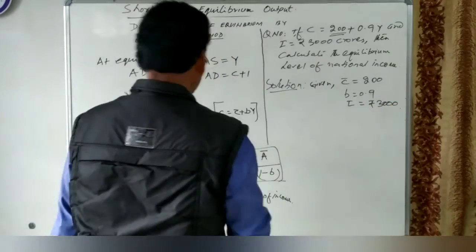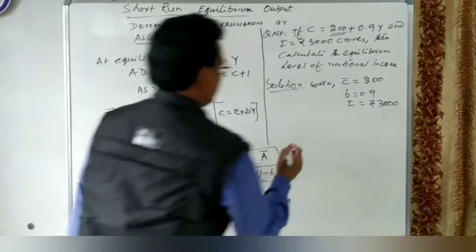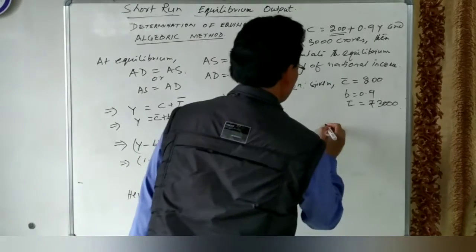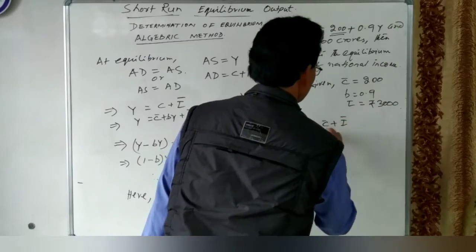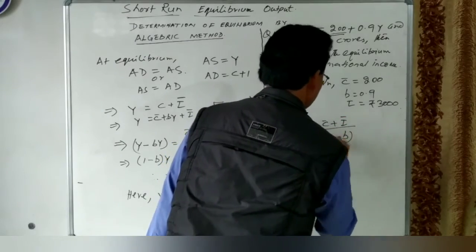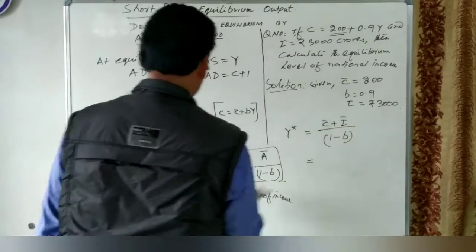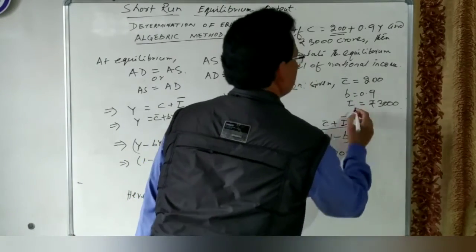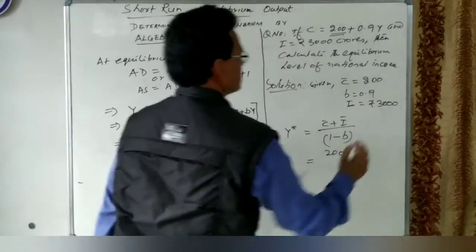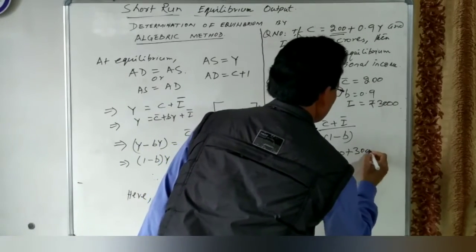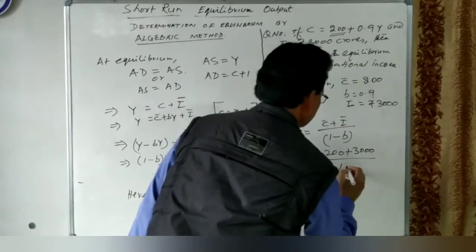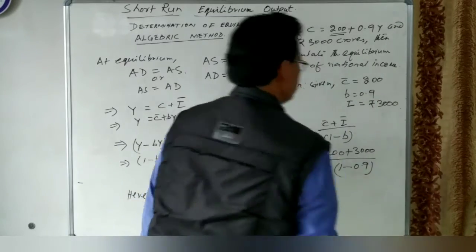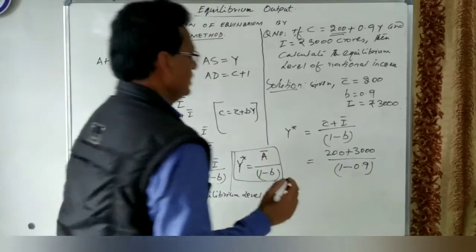Let us put these into the formula. C intercept is 200, plus autonomous investment 3000, divided by 1 minus B, with B given as 0.9. 0.9 means 90% of the money goes for consumption.